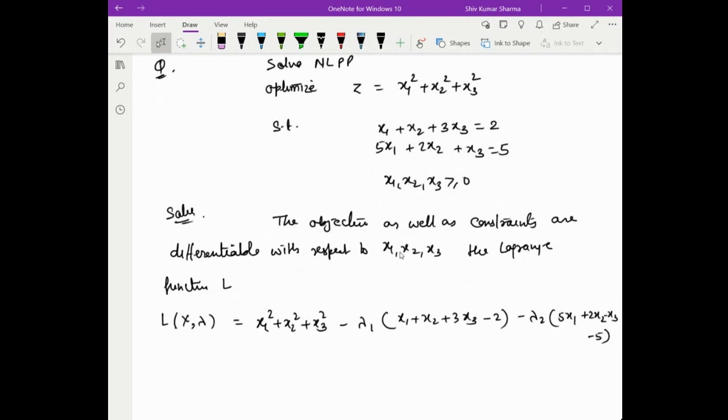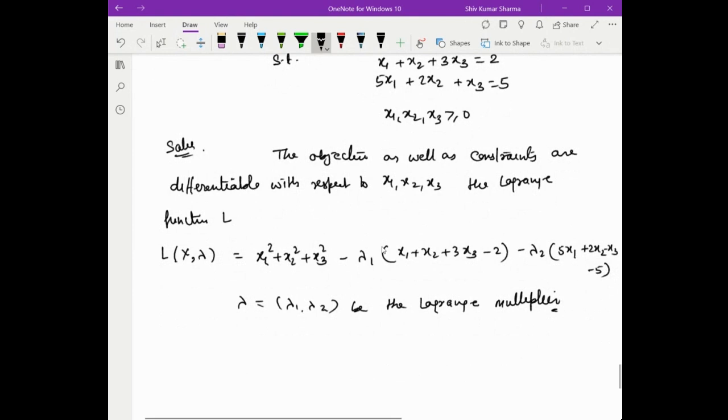Here lambda is lambda 1 and lambda 2, the Lagrange multipliers, and x means the decision variables x1, x2 and x3.